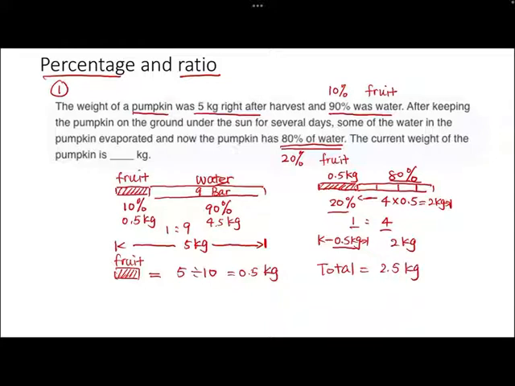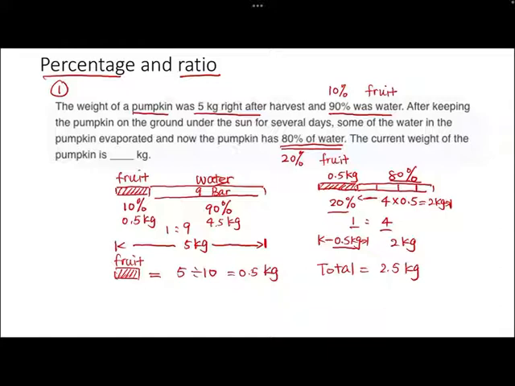So in this condition, if the fruit is 1 bar, how many bars is the water now? Yes, it's 4 bars, because it's 1 to 4. If we see the pumpkin fruit as 1 bar, the water will be 4 bars.